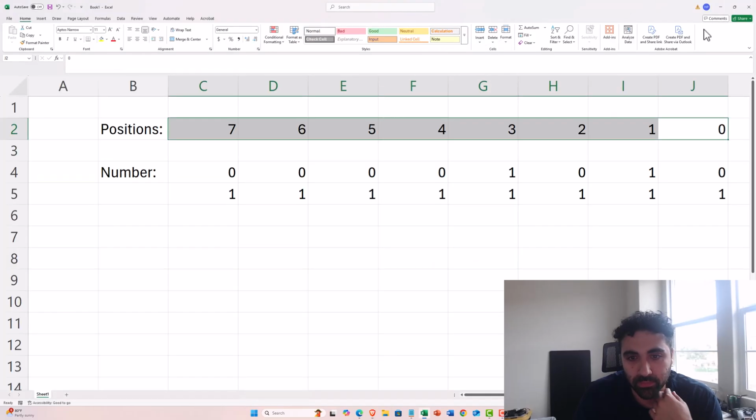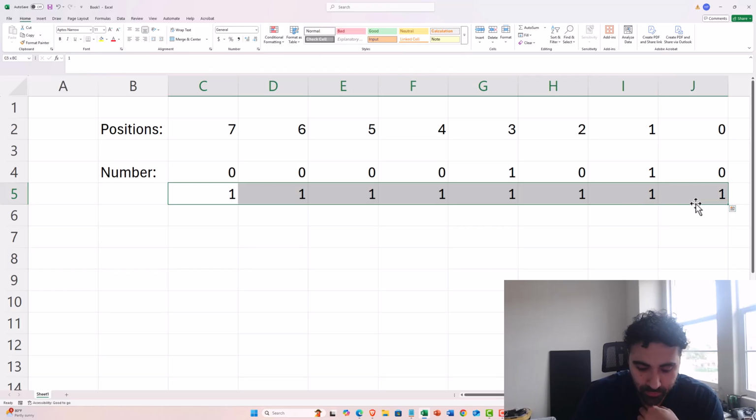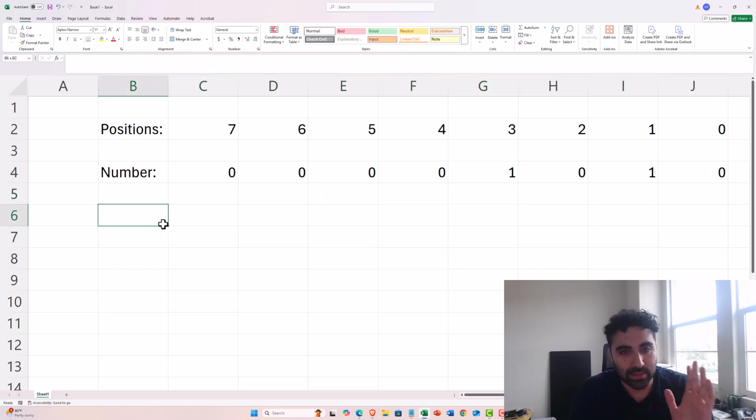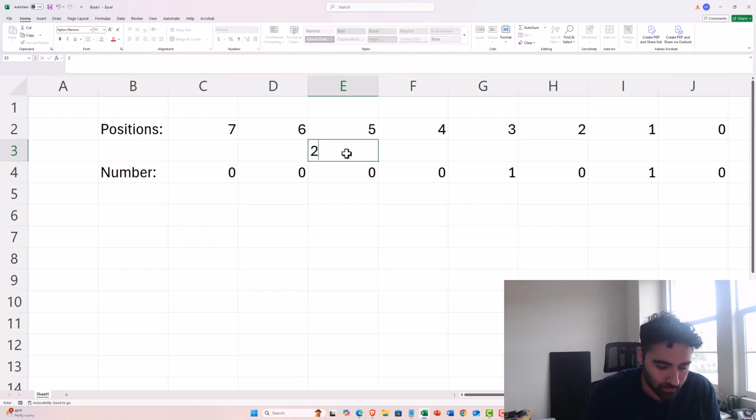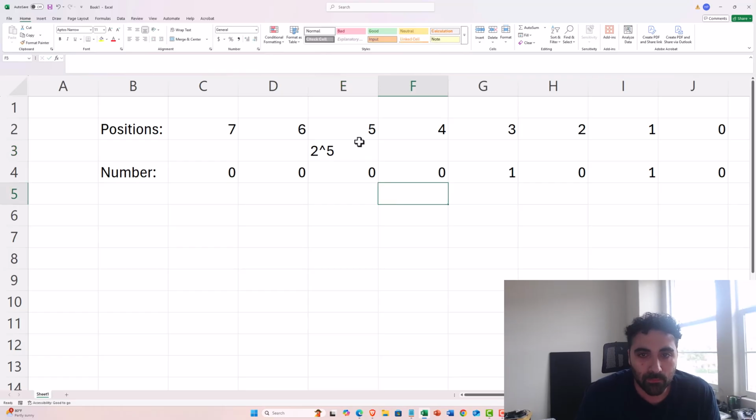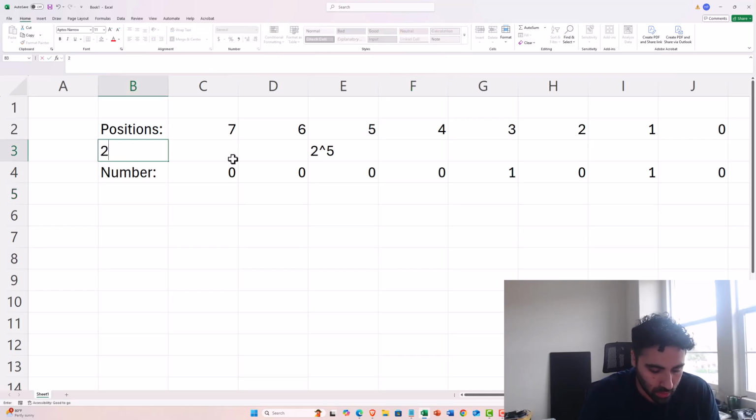Now let's go into an example. We have these positions, and let's say 2 to the n, 2 to the 5th power, because this is position 5. Let me write this down. The nth power, which is the position: 2 to the position.